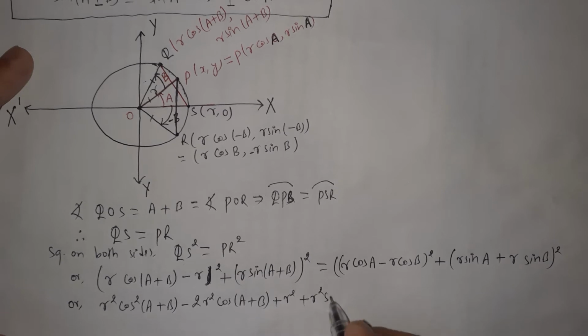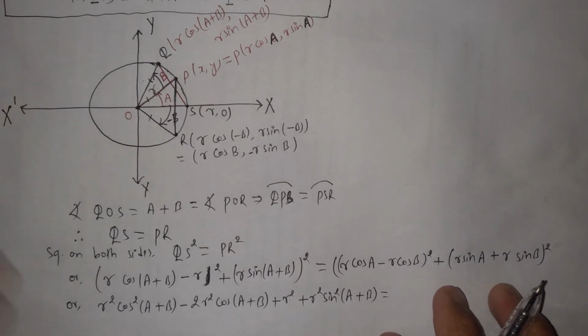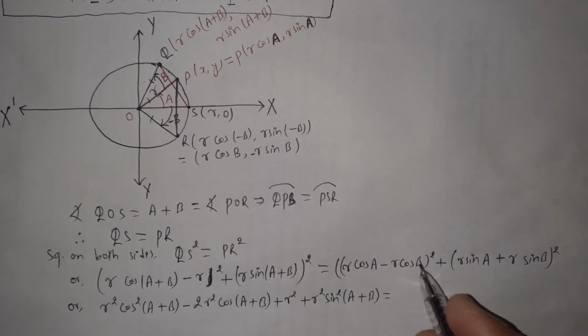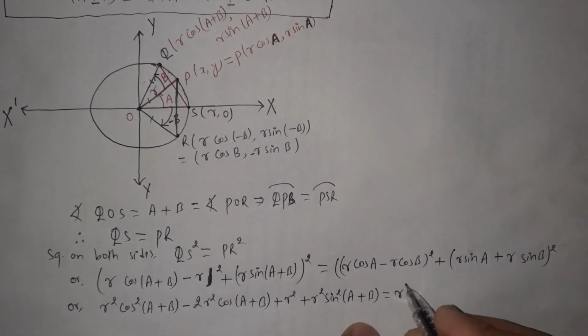This is very lengthy, we can skip the steps here. And here also we can use the formula of (A minus B) whole squared.